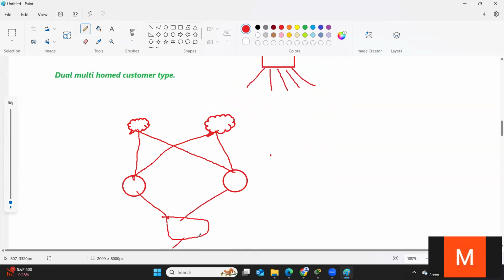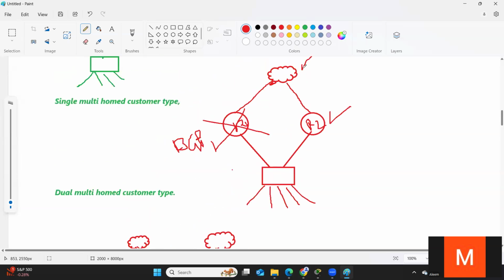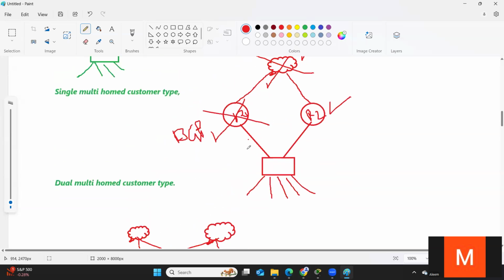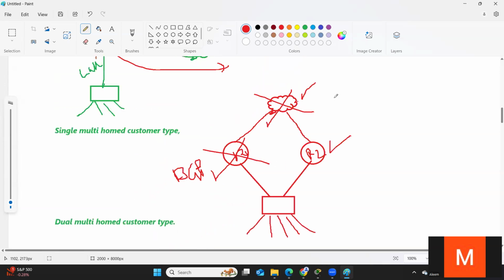The LAN users will not feel any connectivity issue, because in the single ISP case, if the ISP goes down they cannot reach anywhere.